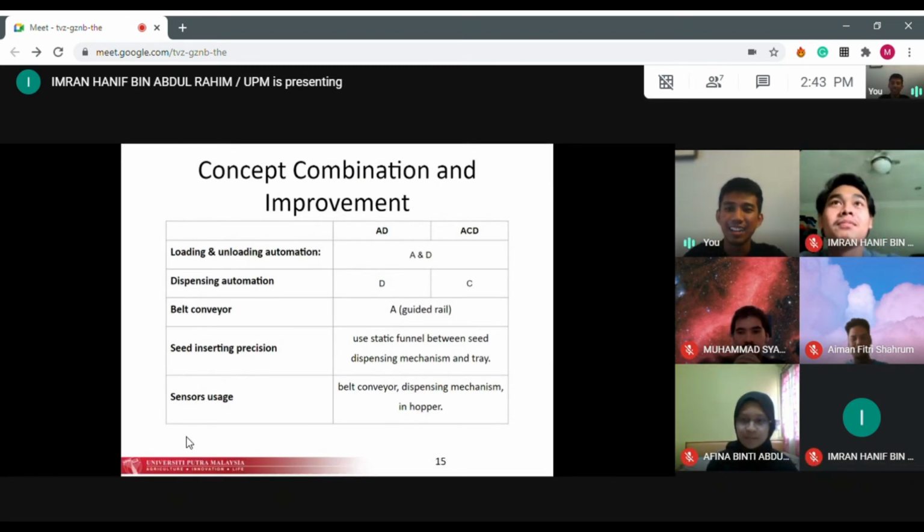Thank you, Imran. I will proceed with the concept combination and improvement. After we finished the concept screening, we still could not get the best design that we want, so we combined some of our concept designs to make it better. We came out with two designs, which are AD and ACD.